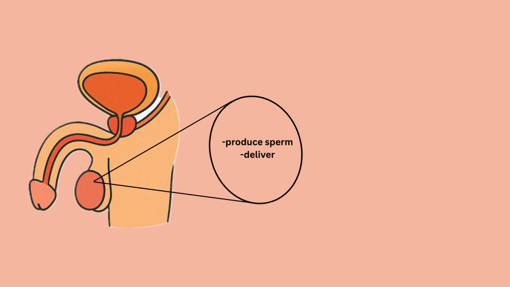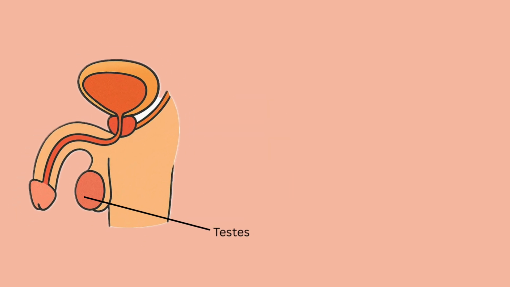The male reproductive system is designed to do two main jobs: to produce sperm cells, which carry half of the father's genetic information, and to deliver those sperm into the female reproductive system for fertilization. At the center of this system are the testes, which are housed in a pouch of skin called the scrotum. The position of the scrotum is very important.